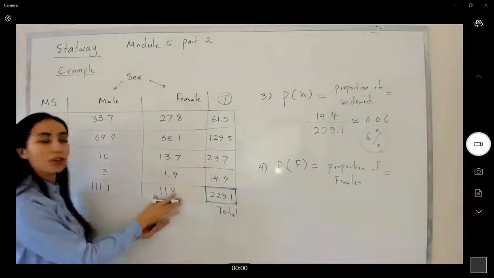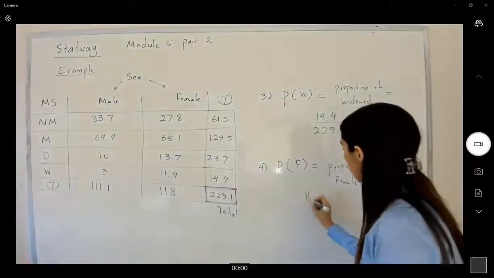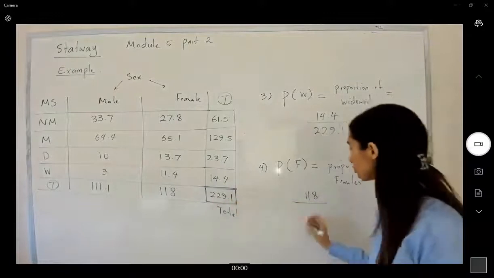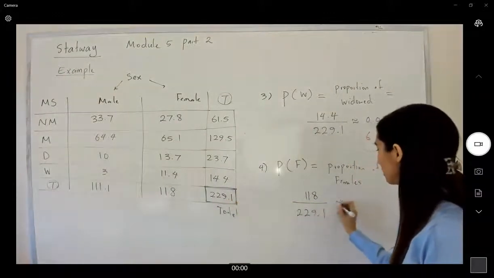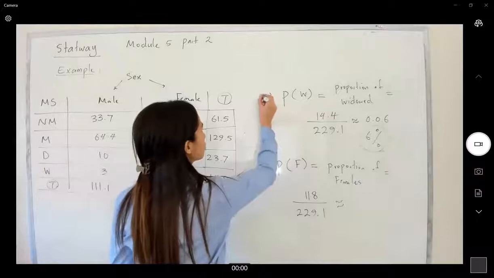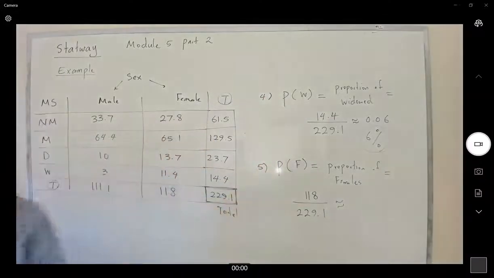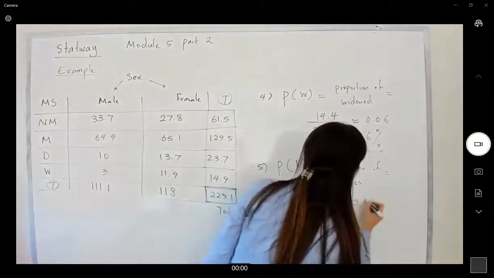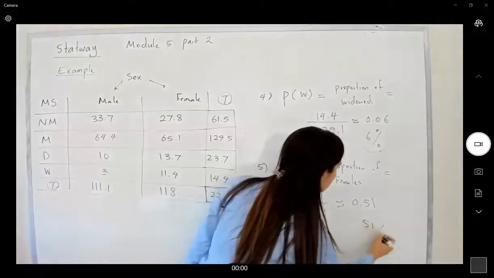How many females do we have in total? 118 divided by the total, which is 229.1, which is approximately 51%, perfect, approximately 0.51 or 51%.